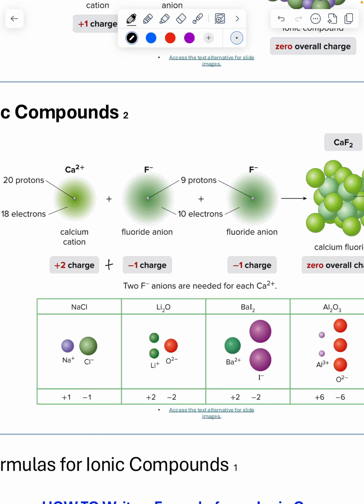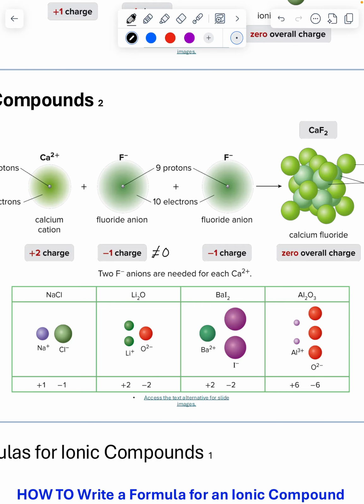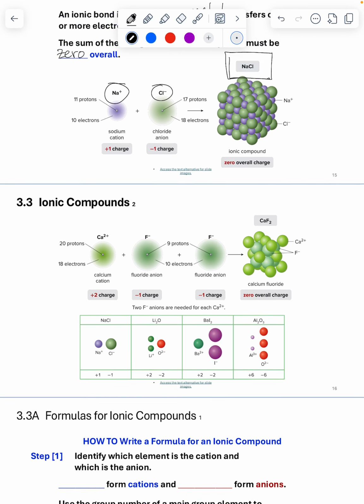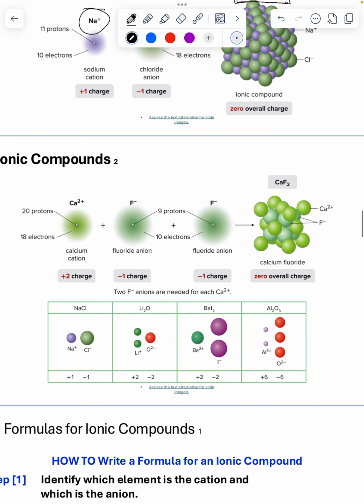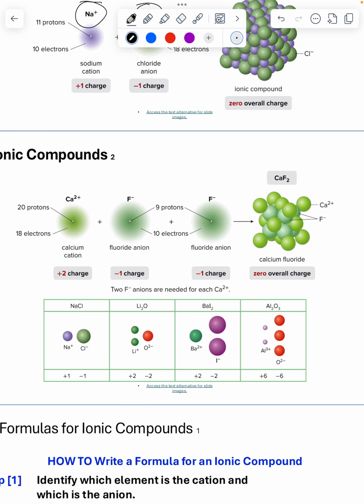And so we need to add another fluoride ion so that the overall charge would be 0. So we have calcium 2+, and fluoride, each with a -1 charge. So 2 fluoride ions were needed to make the overall charge add up to 0.